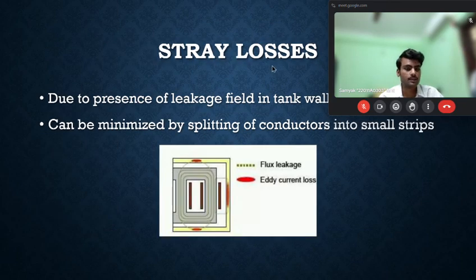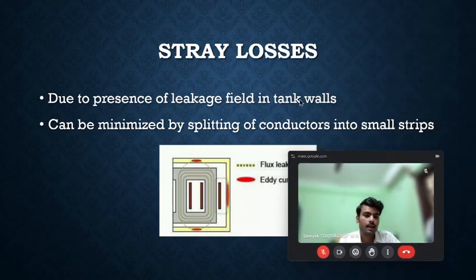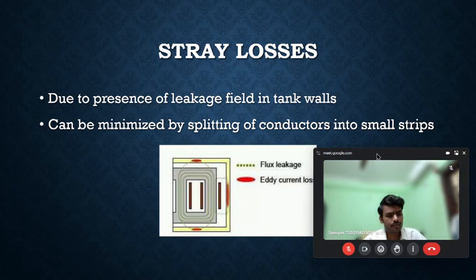Moving on, stray losses. Stray losses are every other kind of minor loss. In a practical scenario, stray losses occur because of the sheer practicality of it. You can see that due to presence of leakage field in tank walls, stray losses occur, and they're very negligible.